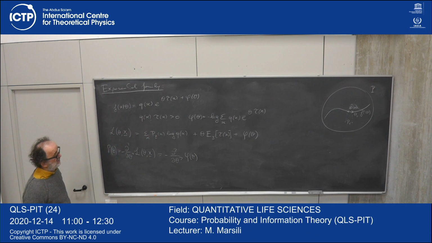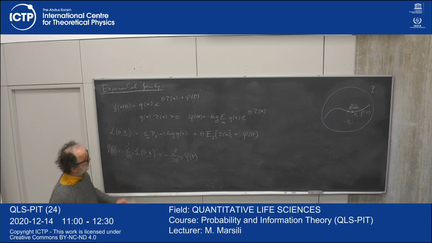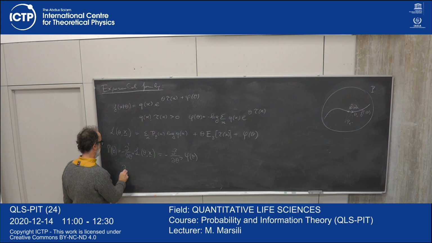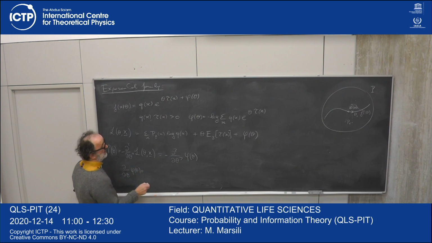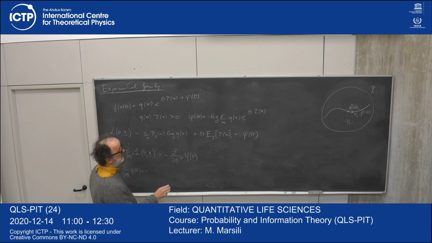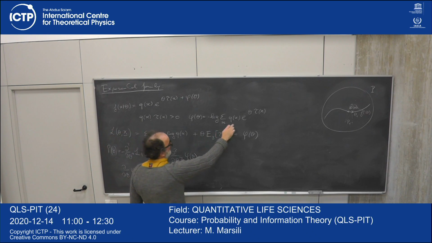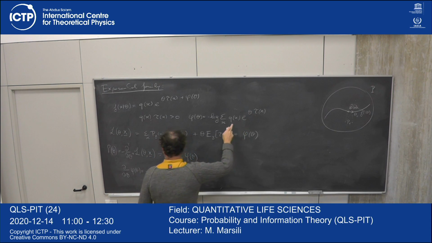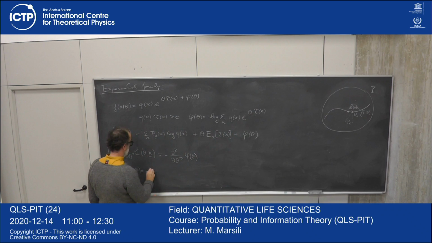And so, by the way, what is this object? The first derivative with respect to theta of phi of theta is minus, you see, when I take the derivative with respect to theta, I get a tau of x that is going down. So this is essentially the expected value over the distribution theta of tau of x.